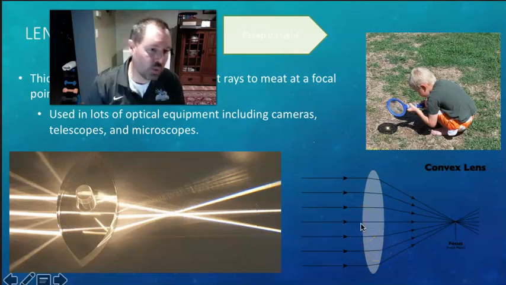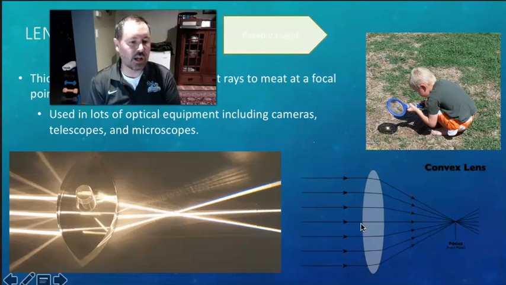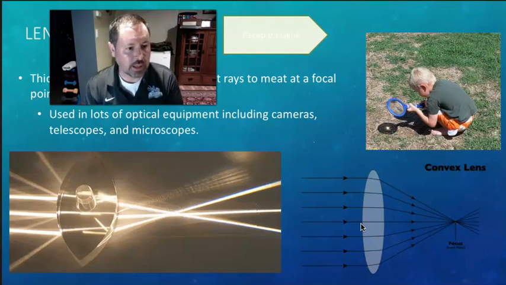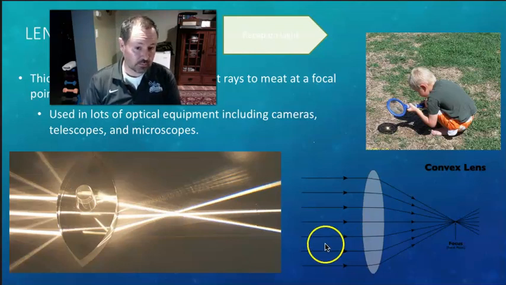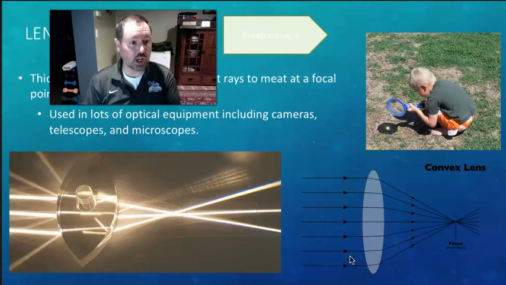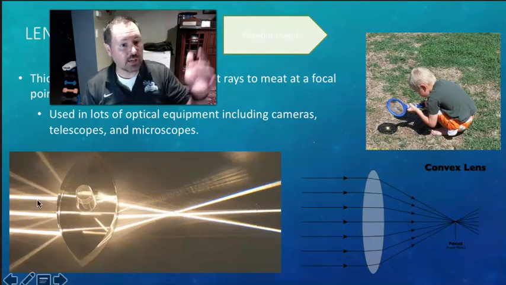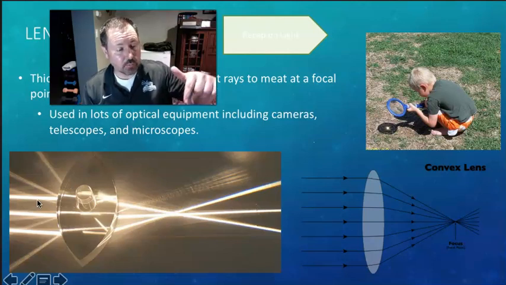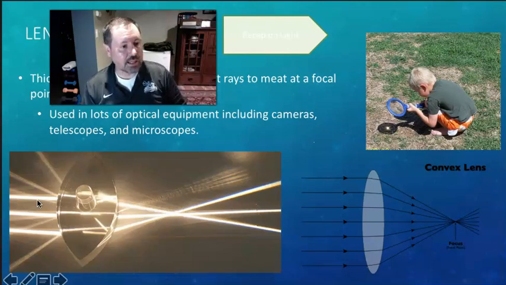I've got to be honest, you will see questions of convex and concave lenses on your test and a little diagram. You need to know how light behaves in a convex and a concave lens with these little diagrams. And like I said, I've got some more videos that explain that down in the description.